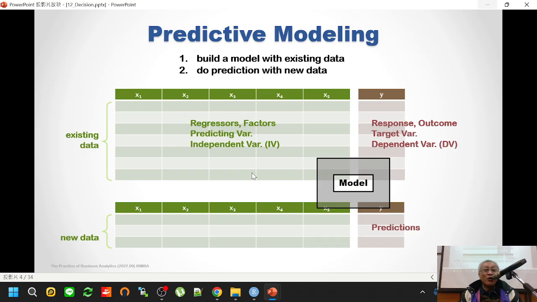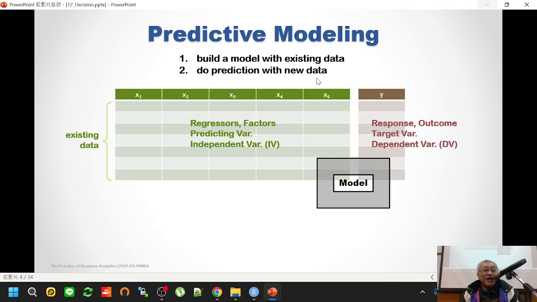That's how a model works, right? In the beginning, you only have medical data. You do not know whether the patient is poor care or good care, right? So you hire some experts to label these people as good care or bad care. And then with this labeled data, we can build a model, right?